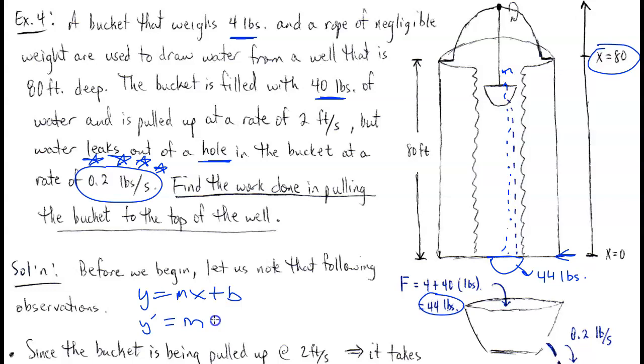We know that up front just by all the little keywords and information given to us. The other thing we know is that the force should be modeled by a linear function that has a negative slope, because we are losing weight as we pull the bucket up to the top of the well.